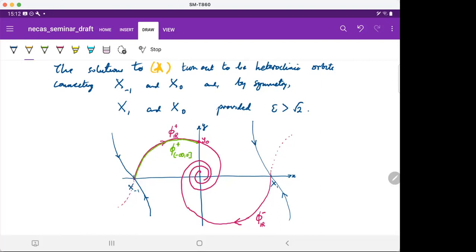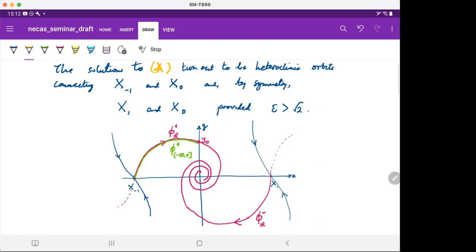So you can shift time because of the autonomous nature of the system, but at some finite time, you have to cross the y-axis. So if you cross the axis at say time t equals 0, and then you restrict to the green curve, which is this phi plus, but running from minus infinity to 0, well, that is a realization of the solution to star.